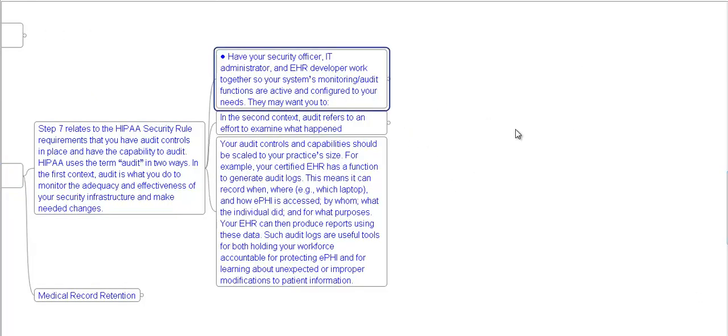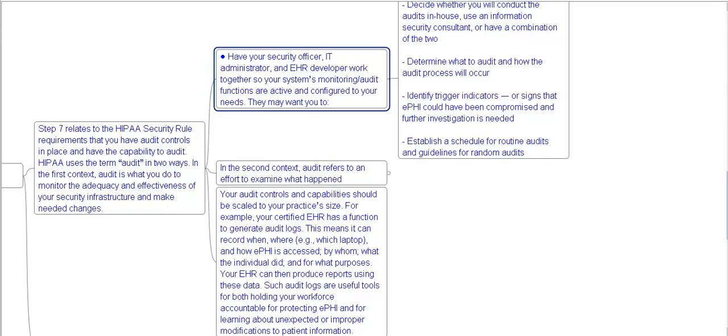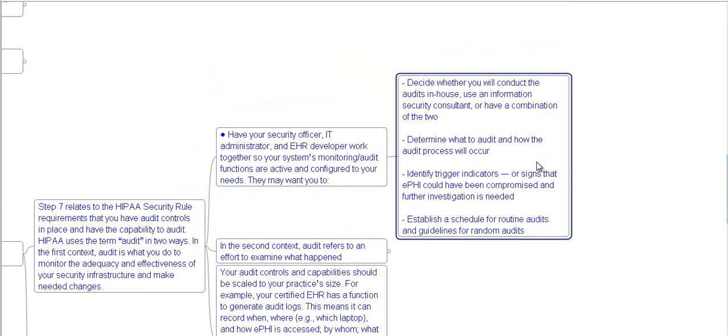Have your security officer, IT administrator, and ePHI developer work together so your system monitoring audit functions are active and configured to your needs. Decide whether you will conduct the audit in-house, use an information security consultant, or have a combination of the two.